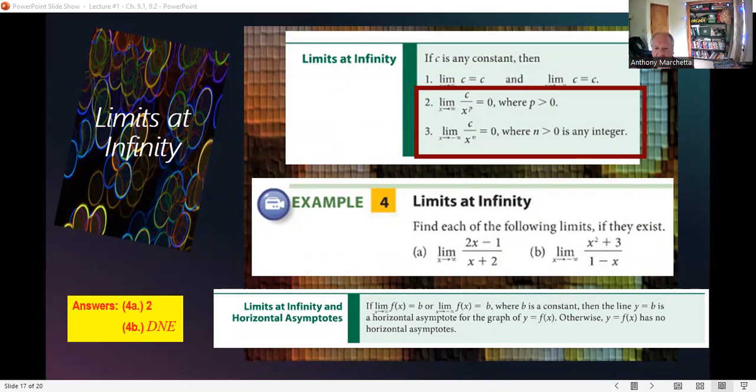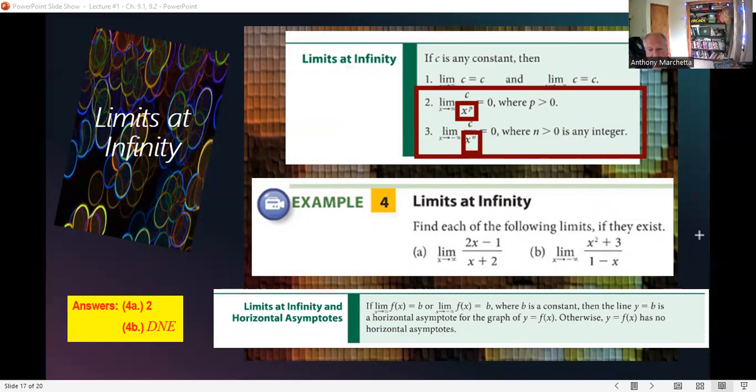Like c over x to the p is the same as c times 1 over x to the p. And if that be the case, c is a constant, so you can kind of ignore it and just put it in later. The point I'm trying to make anyway is the only thing that we do know about limits at infinity is the limit of 1 over x or 1 over x to the p, or furthermore, any number over x to the p for any p.